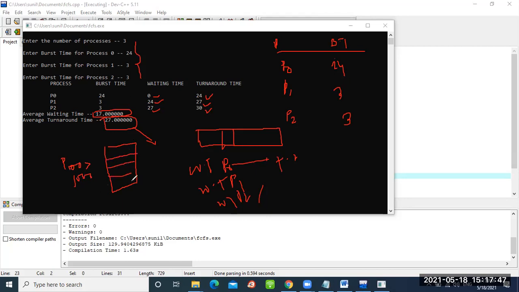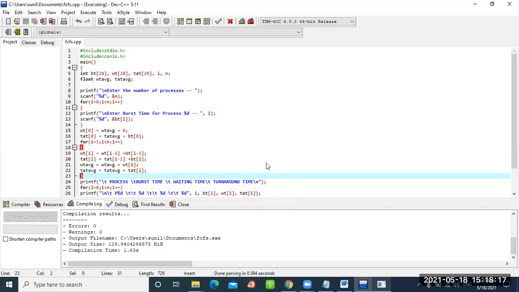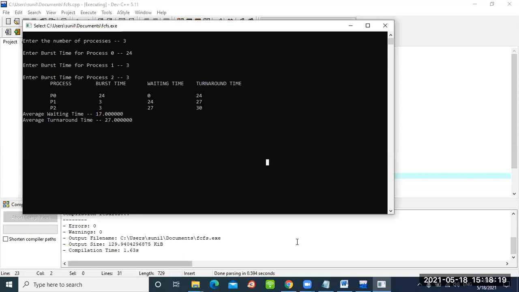Now suppose I give 1,000 processes to you. आप बोलेंगे 1,000 processes का waiting time और turnaround time, how much time will be required? It will take a very large amount of time. कैलकुलेट करने के लिए काफी ज्यादा टाइम लगेगा, इसलिए हम लोगों ने प्रोग्रामिंग लिखा ताकि इजी हो जाए.